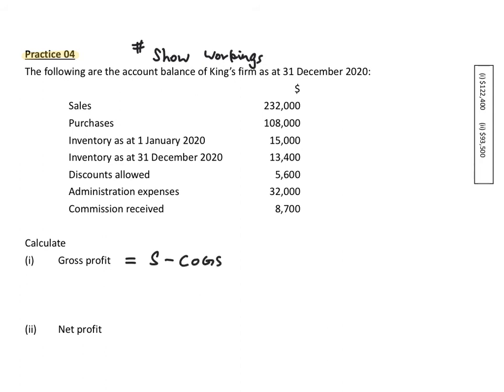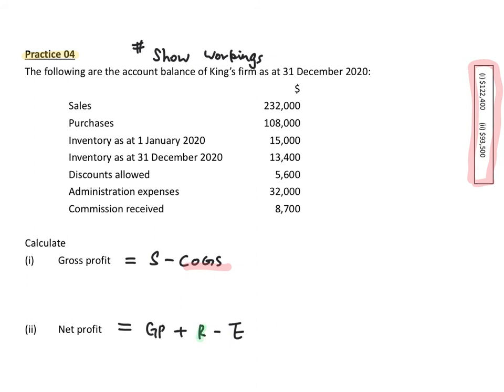So you need to calculate the cost of goods sold separately in order to get the amount of the GP, and you can check the answer right here. After you do it, please check the answer. And for the net profit, remember the formula should be GP, which comes from part 1, plus revenue minus the expenses. So you need to identify the revenue and expenses by yourself.